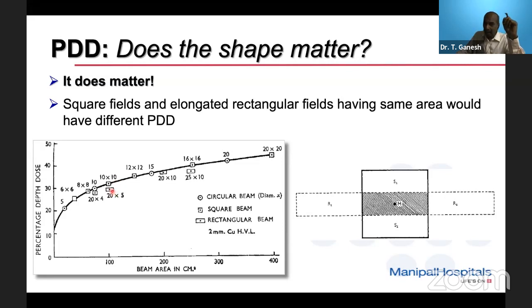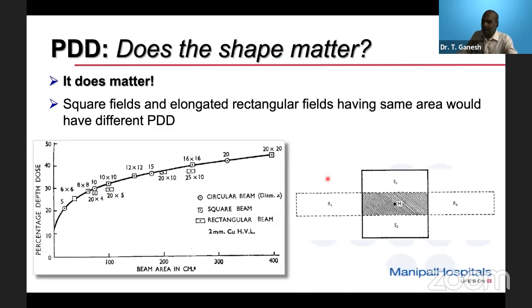However, for 20 by 5 the PDD is slightly less than 10 by 10, right? That is what I mean by this statement, that the square fields and elongated rectangular fields having the same area would have different PDD. The rectangular field will have lesser PDD and the square field will have higher PDD.